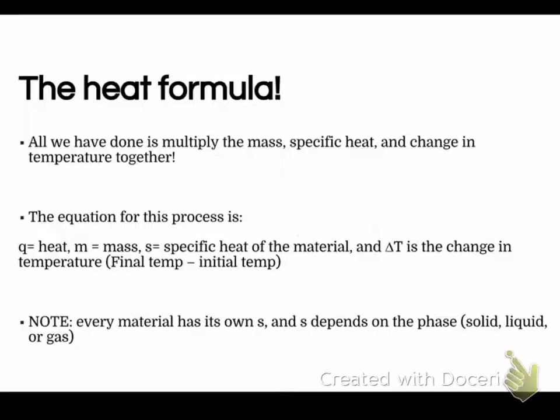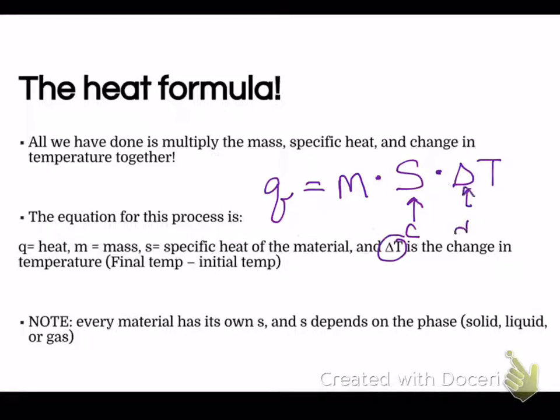Okay, so the equation that we're going to use in general is mass, M, times the heat capacity, which again, sometimes they use C, sometimes they use S, but it means the same value, times the change in temperature, delta T. This little triangle here is read as delta.